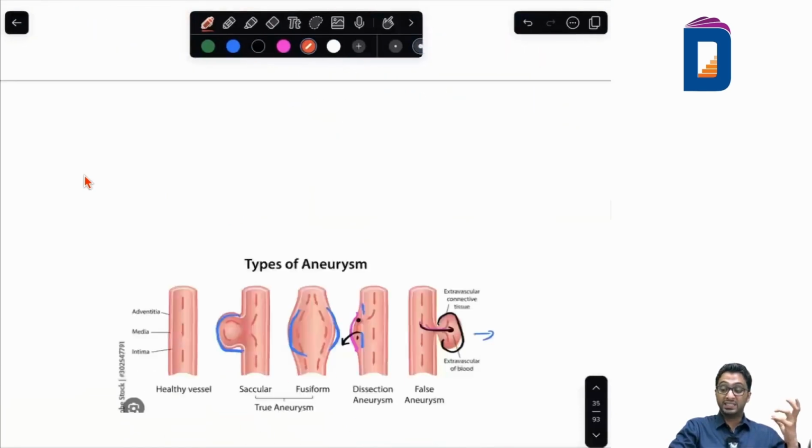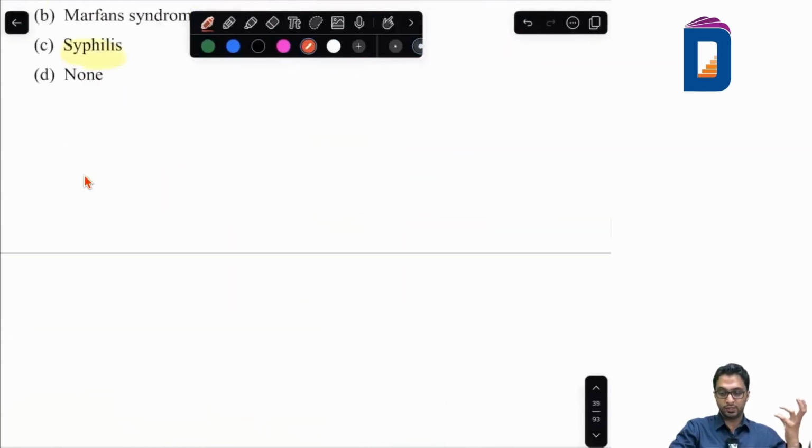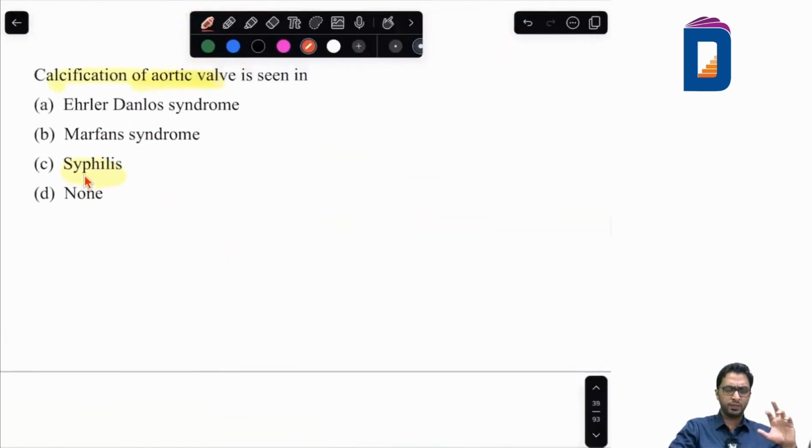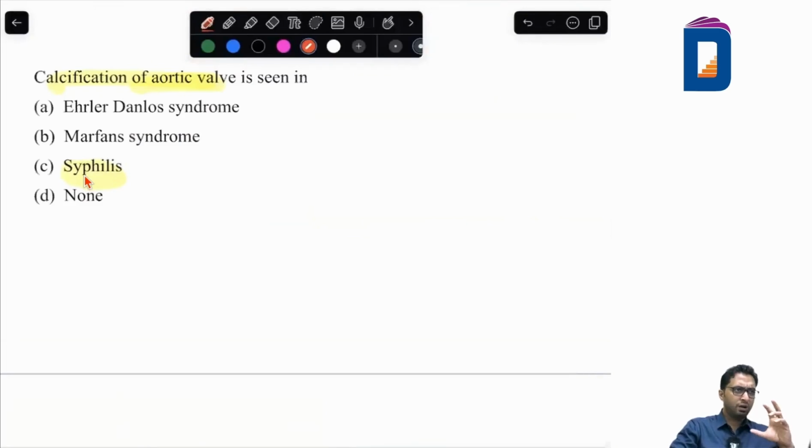But now coming to calcifications, that is seen in two lesions: calcification of the aortic valve. Now, you might be saying that this is all something to memorize. But whenever you see 'most common', it can be asked as a clinical question. For example, they will give you some features of syphilis, and one of the features is chancre.